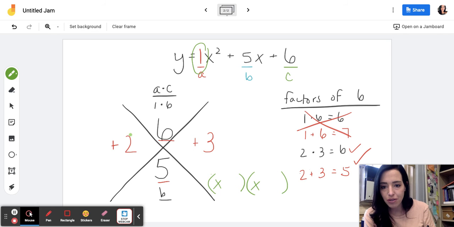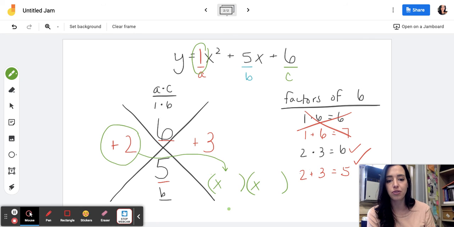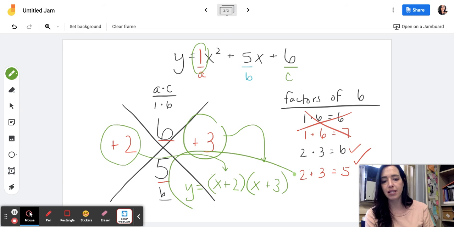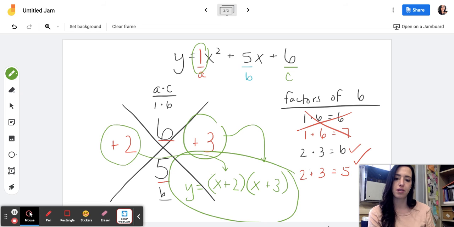And then I'm going to drop these factors in. So remember, it's kind of important that I put that positive 2, because I'm going to drop that into the first set of parentheses, which gives me X plus 2. Going to do the same thing here, plus 3. All right, and then I can add my Y equals, and this is my answer.